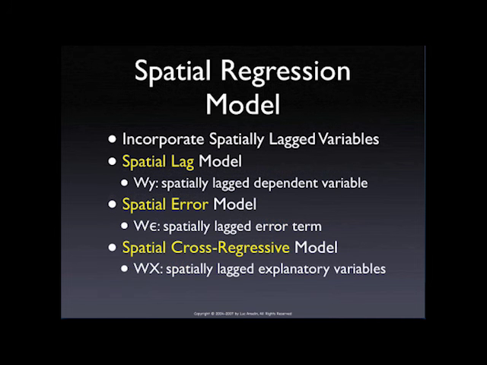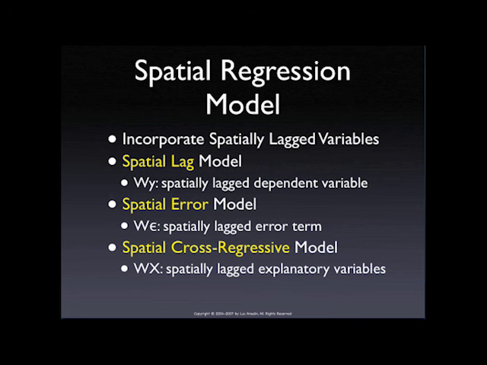So with these spatially lagged variables in hand, we then have three broad classes of spatial regression models. We've touched upon two of these yesterday, and we'll revisit them later today. The spatial lag model, where we bring Wy, the spatially lagged dependent variable, in on the right-hand side.